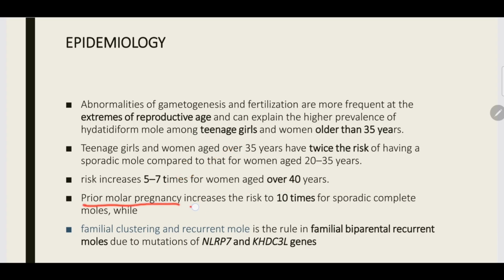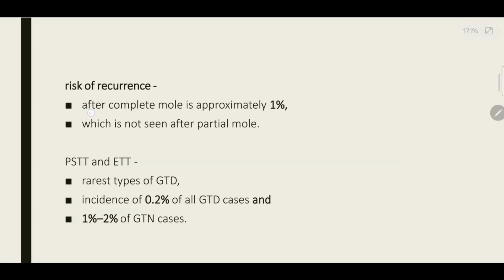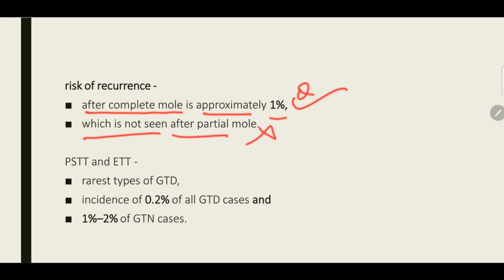Prior mole pregnancy increases the risk to 10 times for sporadic complete mole, while familial clustering and recurrent mole is the rule in familial biparental recurrent moles due to mutations of NLRP7 and KHDC3L genes. Risk of recurrence after complete mole is approximately 1%, which is not seen after partial mole.